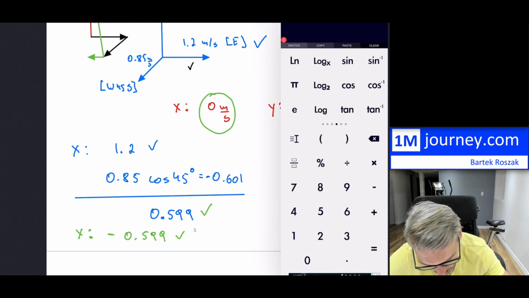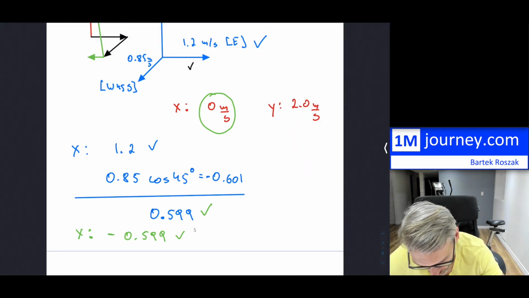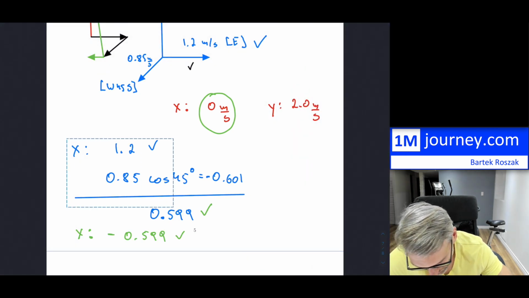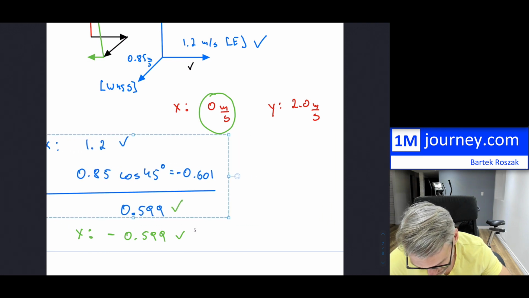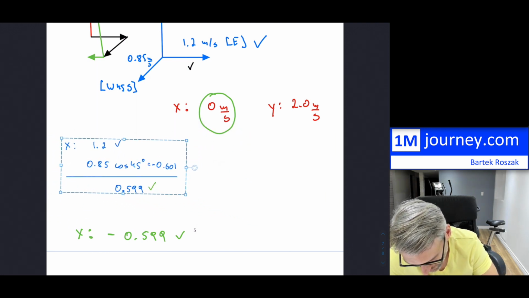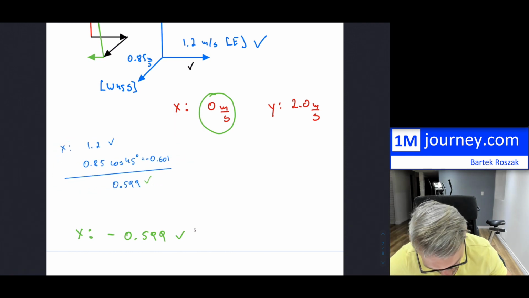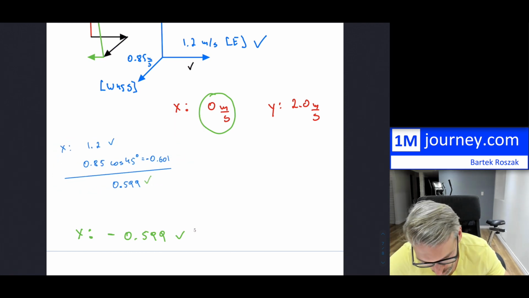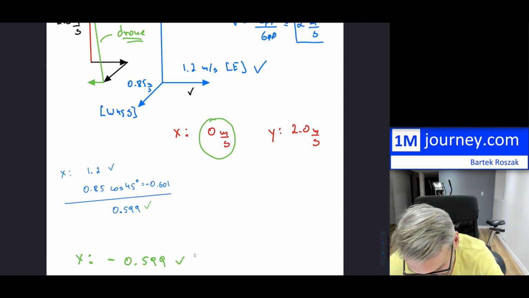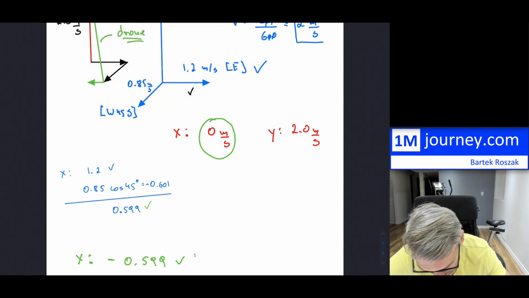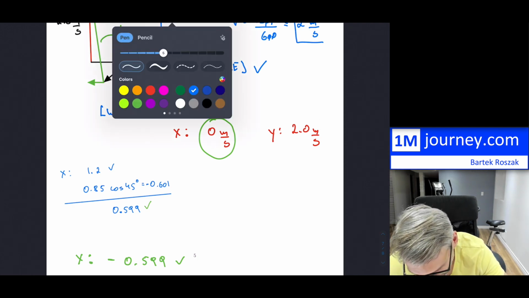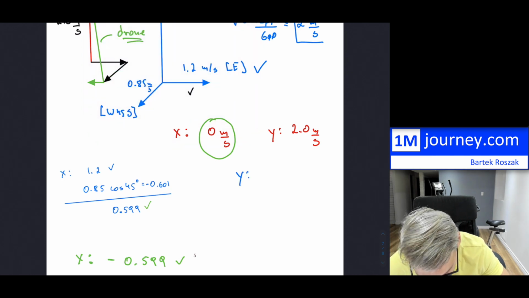Now we need to find the y. So in the y, if I make this smaller, I'll shift this out right here. In the y, we need 2 in total. Currently there's only one piece in the y, and that is 0.85 sine of 45 degrees.